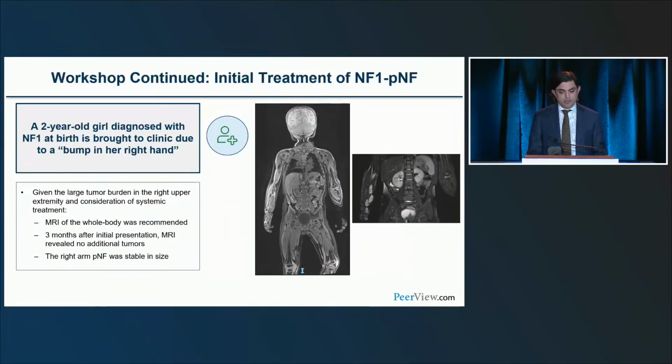We are lucky that we have the ability to get a whole body MRI, and that's what we did. The whole body MRI was scheduled 3 months after her initial presentation, and luckily it did not show any additional plexiform neurofibromas in other places. She just had the one in the right arm and hand. And luckily, it also showed that in that 3-month interval, there was no objective growth of that plexiform neurofibroma.